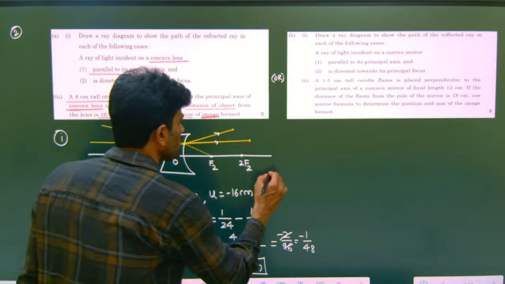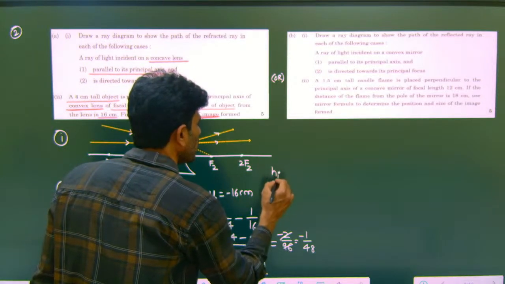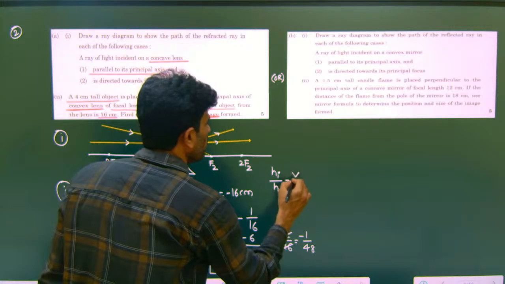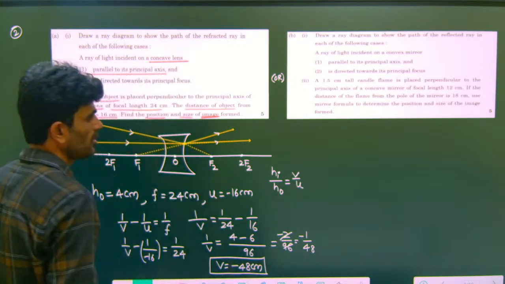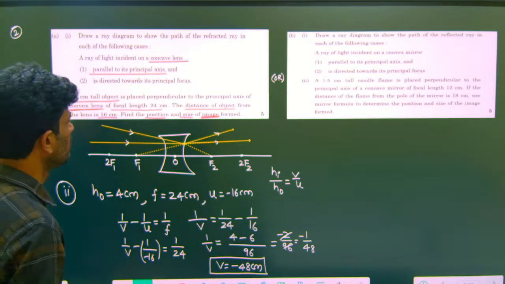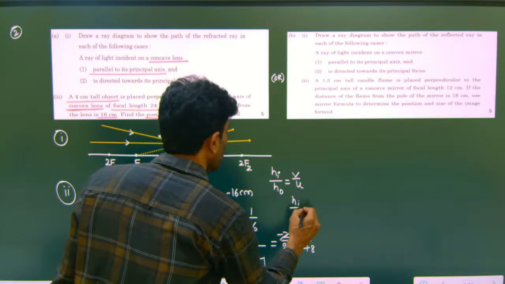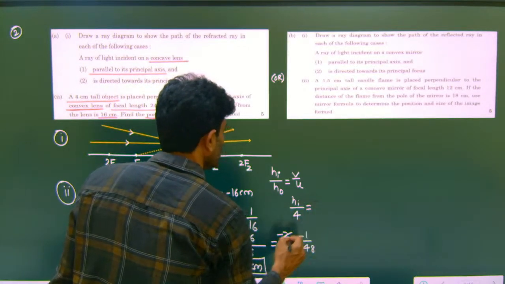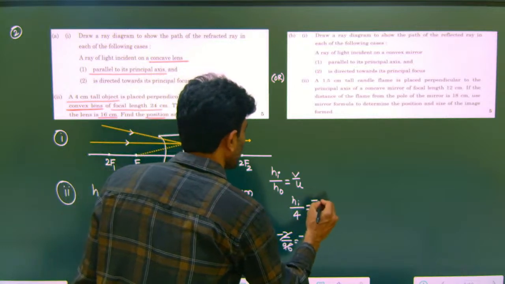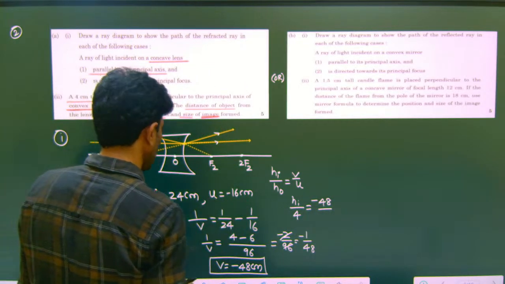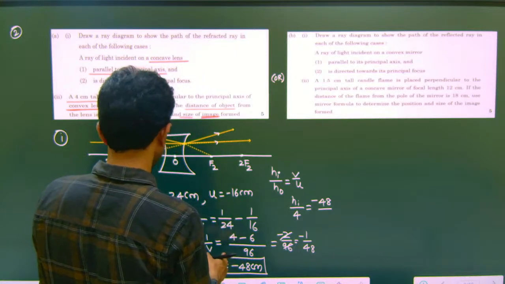And then they are also asking what is the image size. How can we find image size? Another formula, HI by HO is equal to V by U. Not minus V by U, it is V by U. So HI is what? We have to find HI. HO is 4, is equal to V, which is minus 48, by U, which is minus 16.